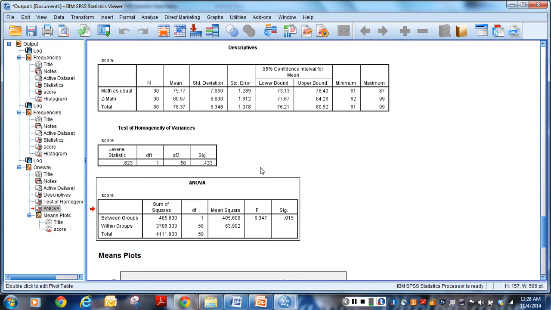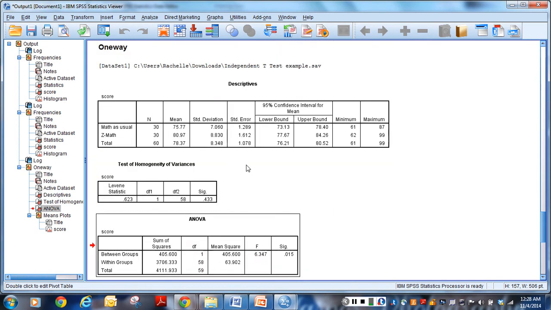So in other words, if ZMath in fact had a null effect, we would see the ZMath group outperform the math as usual group by 5.2 points about 1.5% of the time. So according to our results, there are significant differences, and our ZMath group significantly outperforms our math as usual group.